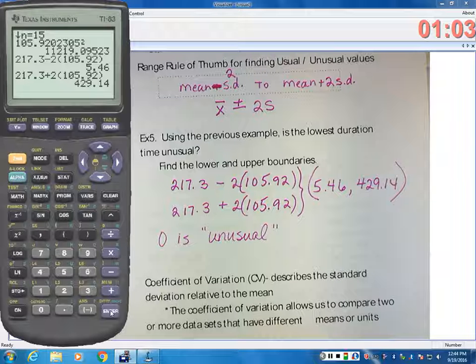There are no unusual upper values. The longest flight time on the table was 381 hours. So that's well within the upper boundary. Okay?